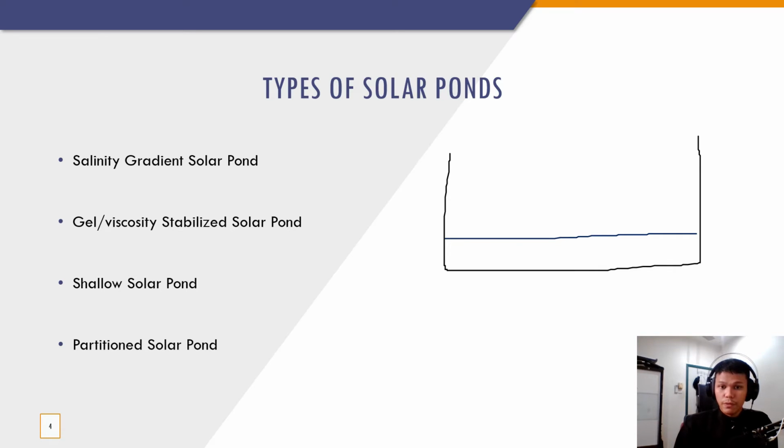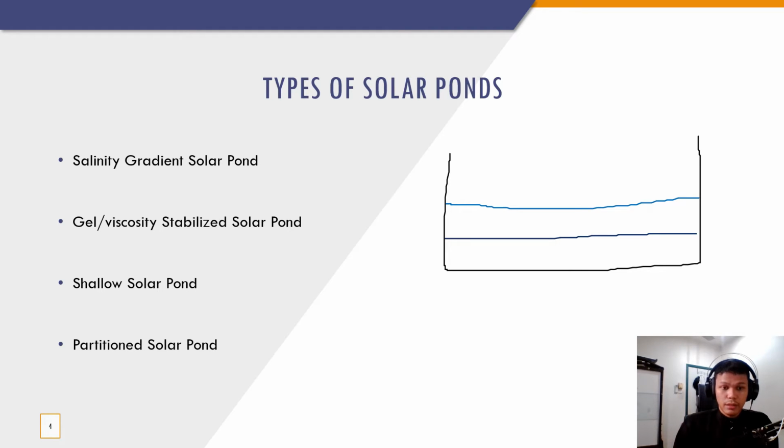This means that for every 100 grams of water, there are 30 grams of dissolved salt. The middle layer, also known as non-convective zone, NCZ, has a salinity gradient, where the salt level decreases with height.